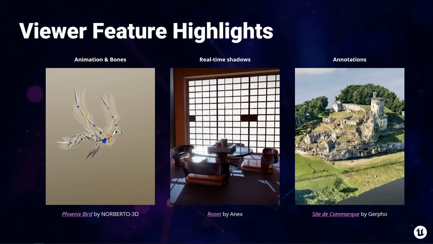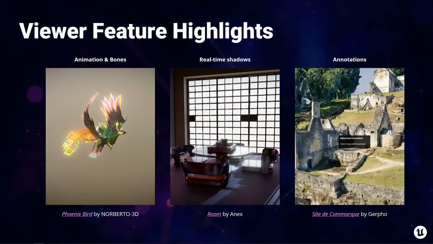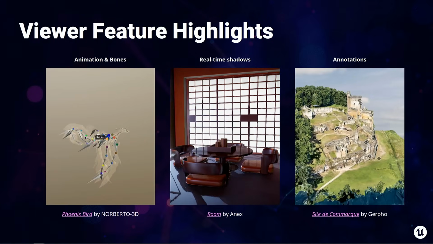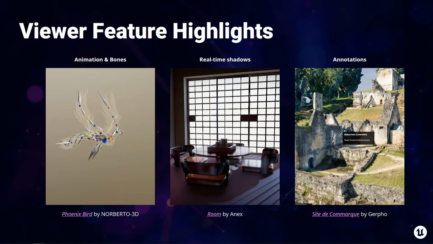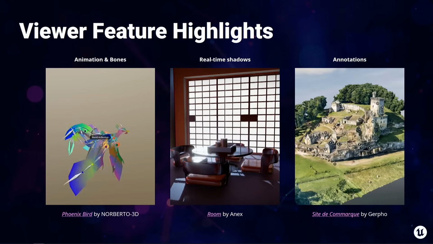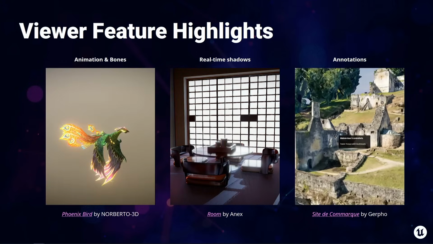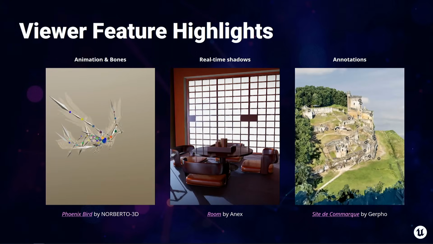We support real-time shadows and lighting for realistic scenes with realistic lighting. Annotations, which can be used a variety of ways. They're one of my favorite things, so I'll probably talk a little bit longer about them than I should.